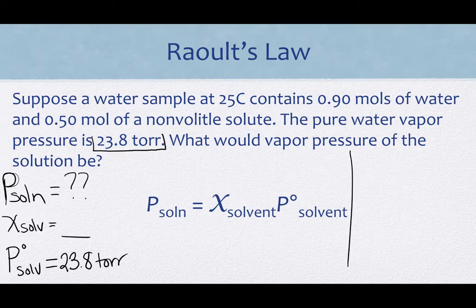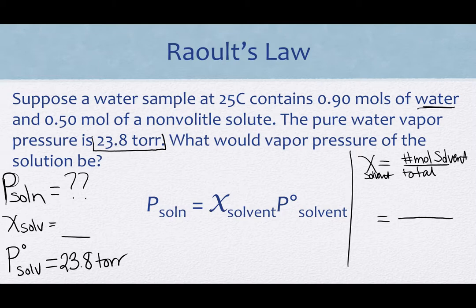So let's come over here and do mole fraction. So again, mole fraction, specifically for the solvent, is going to be the number of moles of solvent over the total. Okay. So our solvent in this case is water. If you were unsure of that, if you didn't know, you just need to compare these two numbers. So I have 0.9 moles, I have 0.5 moles.